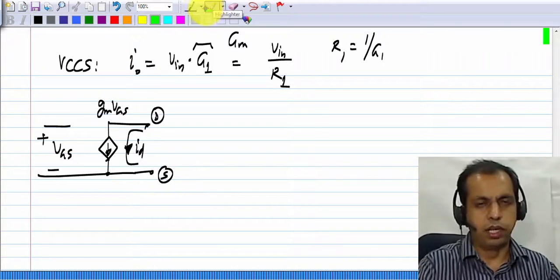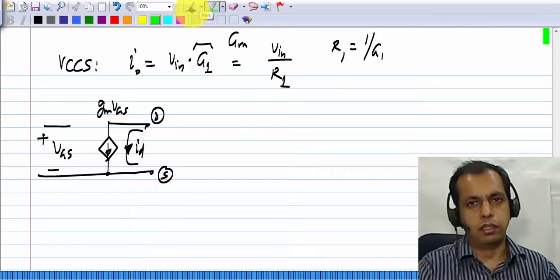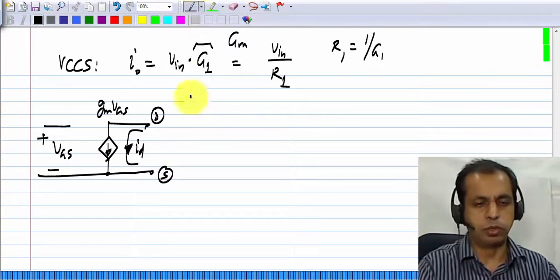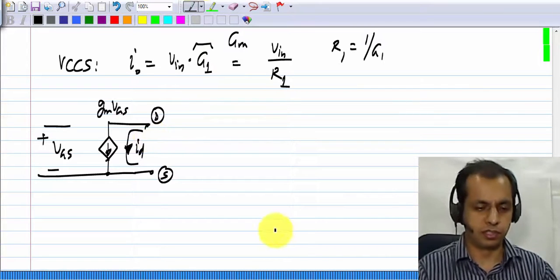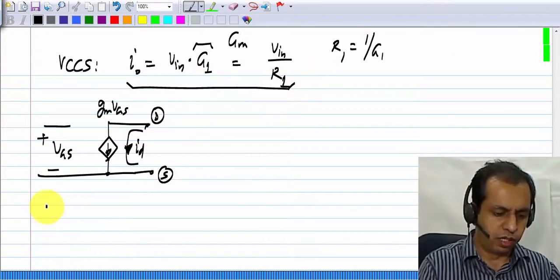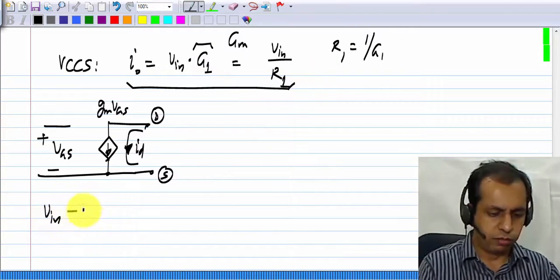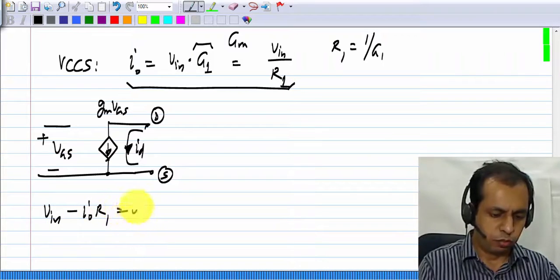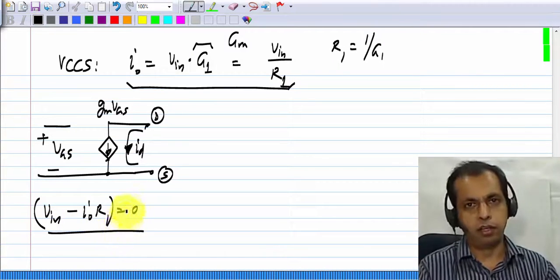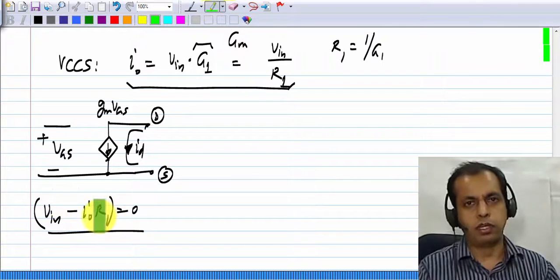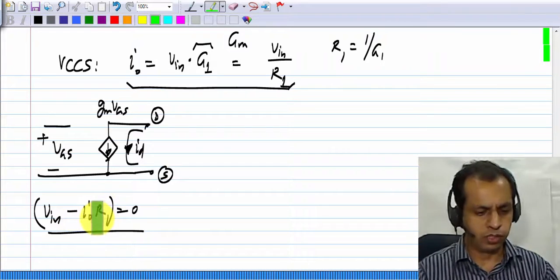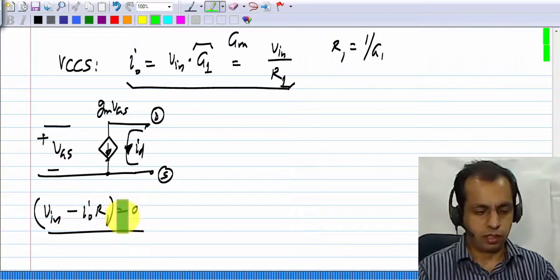And the error between the actual and desired values has to be applied to the gate source voltage, because that's what eventually controls the current in the MOS transistor. So we want I naught equals V in by R1. Another way to write it is we want V in minus I naught R1 to be 0. Now this you can think of as the error, V in minus I naught R1, some sort of error between desired and actual values, and that should be 0 eventually.